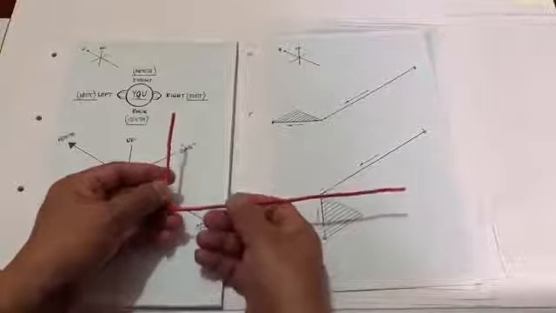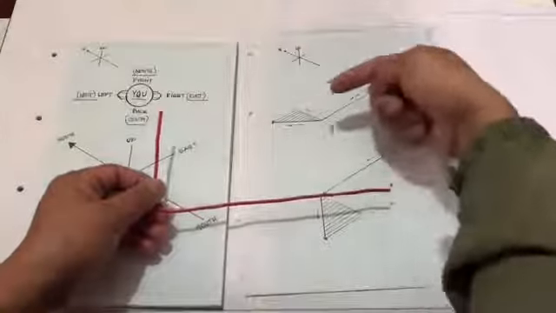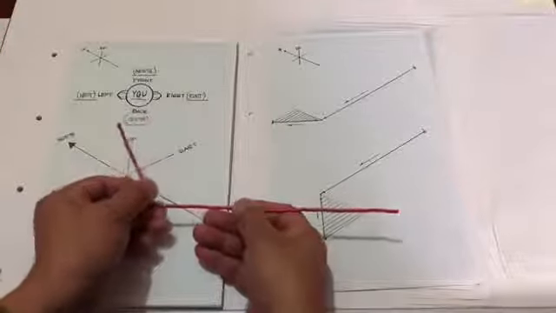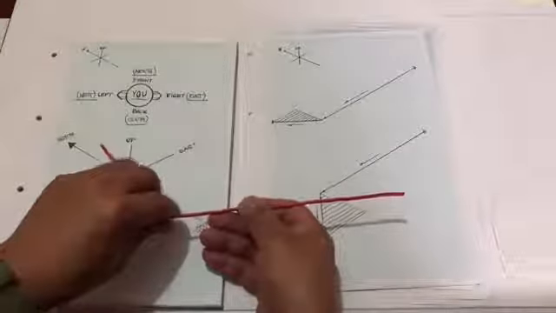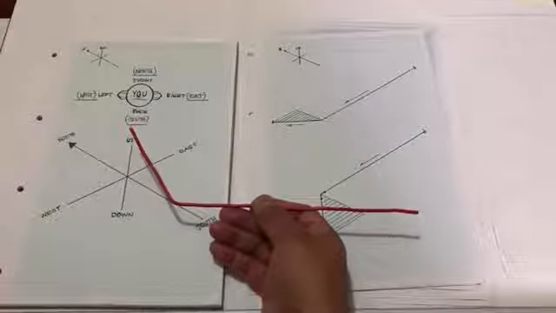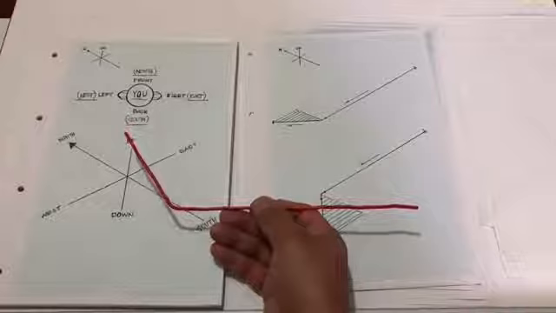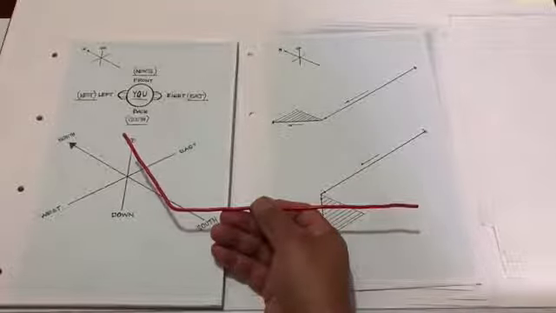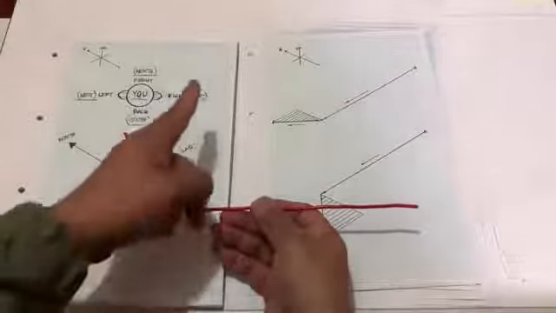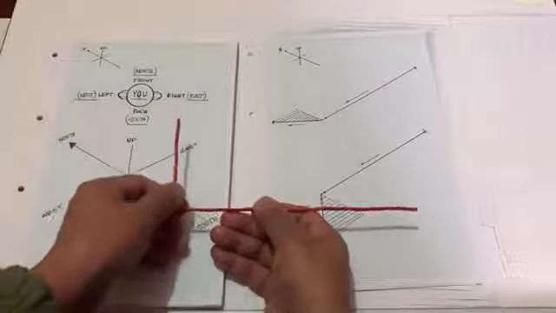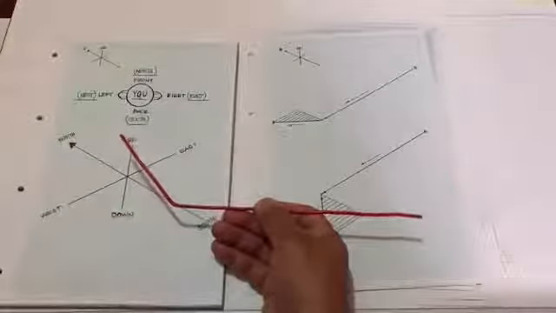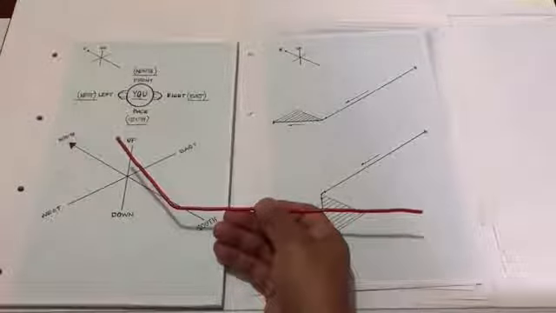Then the shadow says it deflects horizontally to the northwest. This is the west, that is the north. So it deflects horizontally to the northwest.